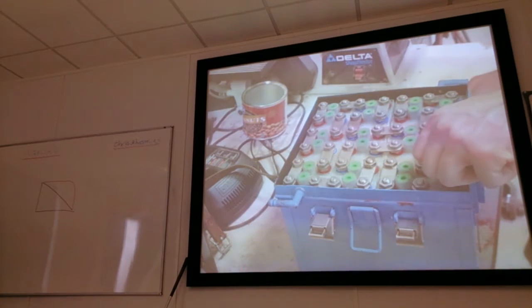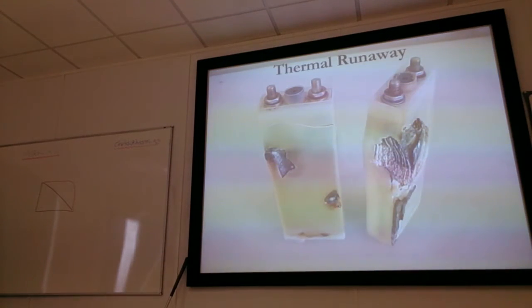Now, they have to be taken out, cleaned and checked periodically because that can happen to them. That's a result of thermal runaway. Not good. But much safer than lead acid batteries in the long run.